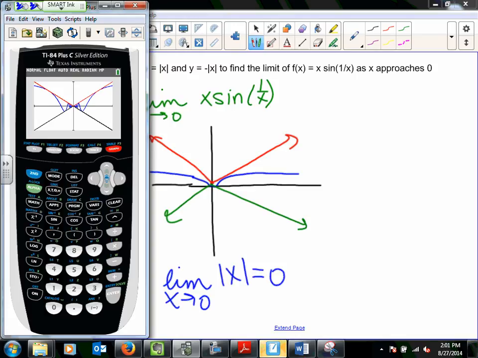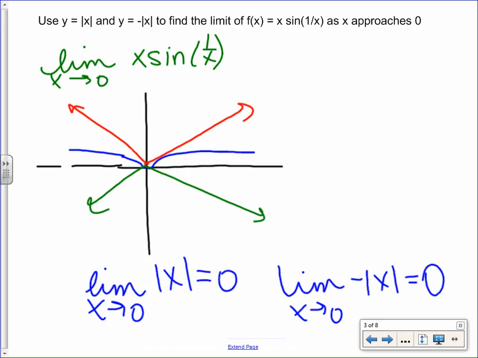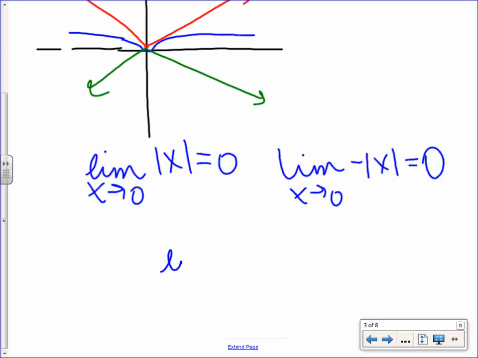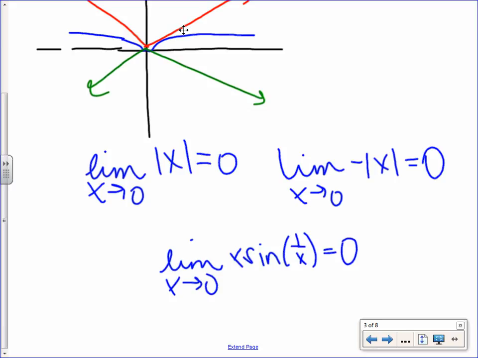What's the limit as x approaches 0 of negative absolute value of x? 0. Since our function is sandwiched in between these two functions, then we can say the limit as x approaches 0 of x sine of 1 over x is also 0. That's how it works.